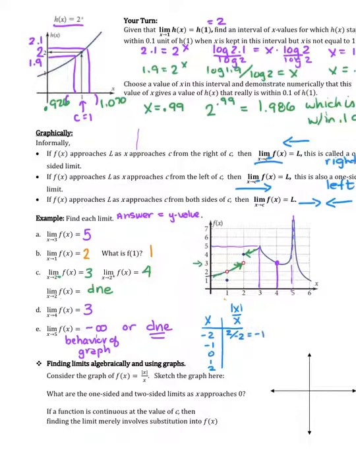If I plug in -1, I get +1 over -1, which also gives me -1. At 0, it's undefined. At 1, I have 1 over 1, and at 2, I have 2 over 2, which is 1.